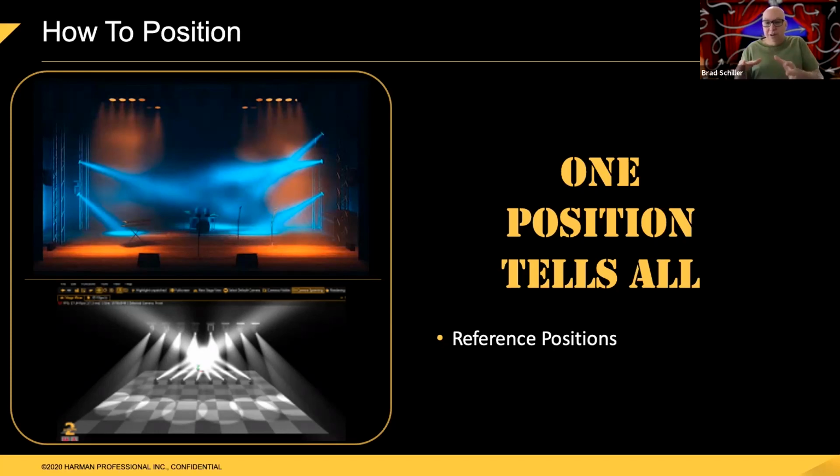Then you can literally go around and tweak the fixture itself to that, and that will save you having to update 40, 80, who knows how many positions by just getting it oriented correctly on stage or in the rig, or check the trim height, or whatever it is you need to do. It's great if you can have a position that you know what it looks like, where the lights should be hitting, and you can just look at that quickly and maybe tweak the rig itself instead of tweaking all of your actual values in your console.